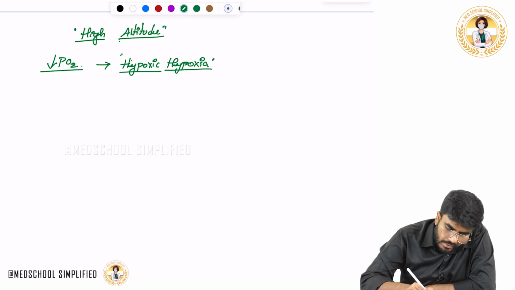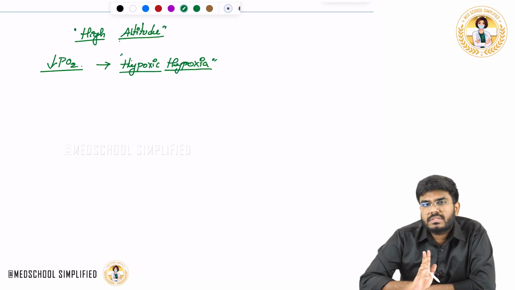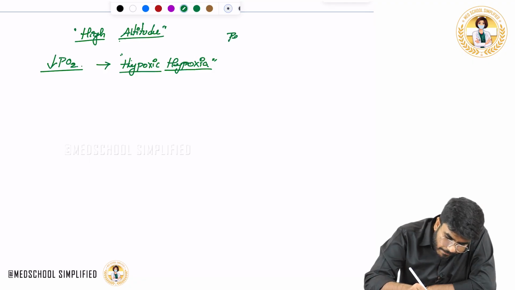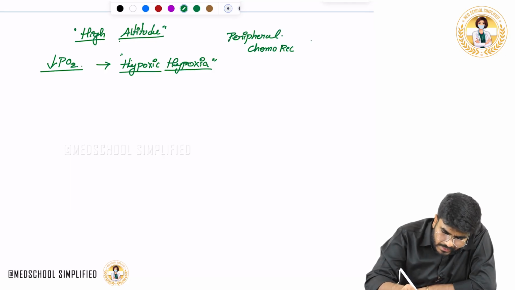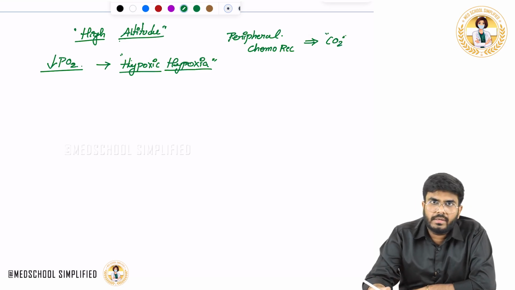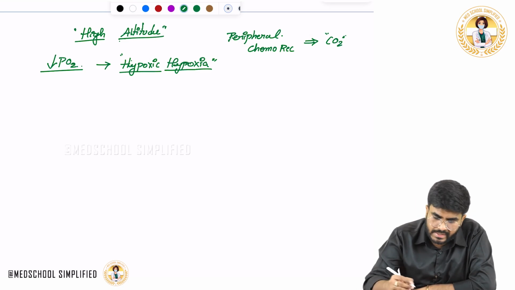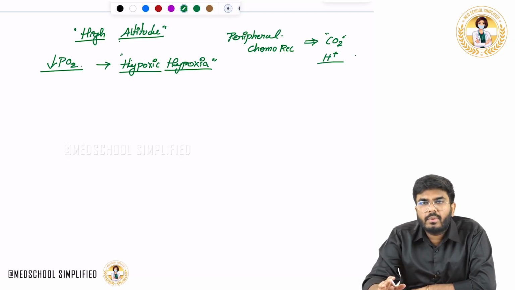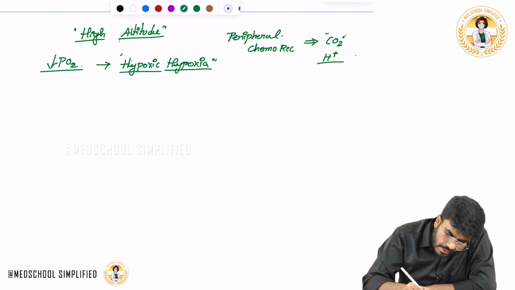Now, you tell me, there are two types of receptors in your body: peripheral chemoreceptors and central chemoreceptors. Central chemoreceptors always check the amount of carbon dioxide in your blood, how much carbon dioxide is there, how much acid is there.